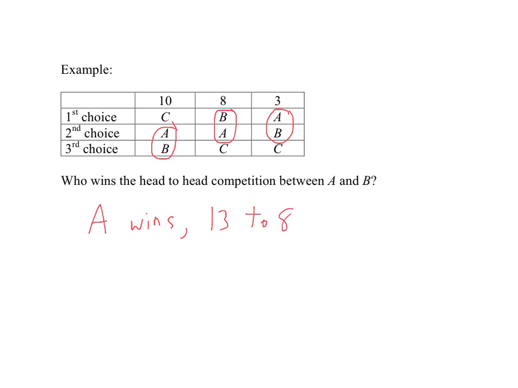There are 13 ballots on which A is ranked higher, but only 8 ballots on which B is ranked higher. So A wins the head-to-head competition between them.